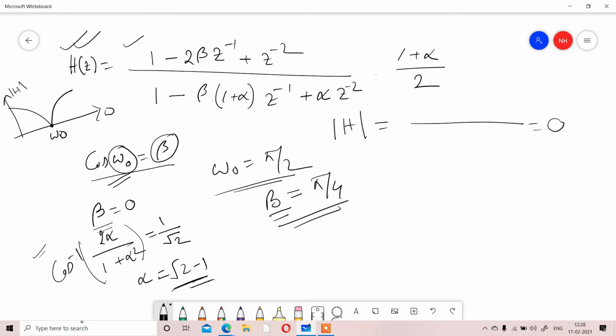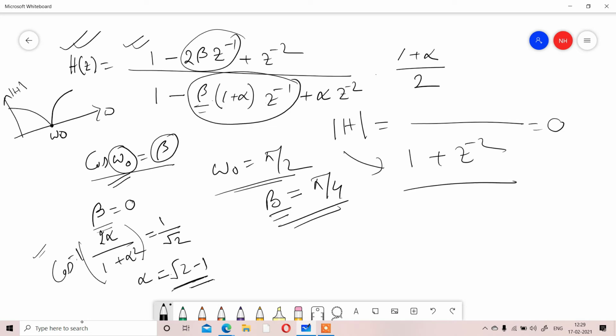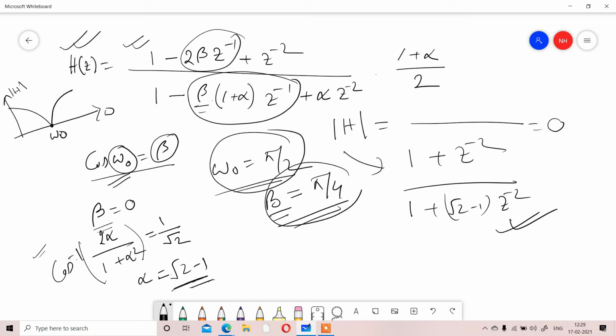In that expression, beta will be 0, so that term will be eliminated. So the response will be 1 plus z to the power minus 2 by 1 plus (root 2 minus 1) z to the power minus 2. That will be your response, and it satisfies omega naught equal to pi by 2 and b equal to pi by 4.